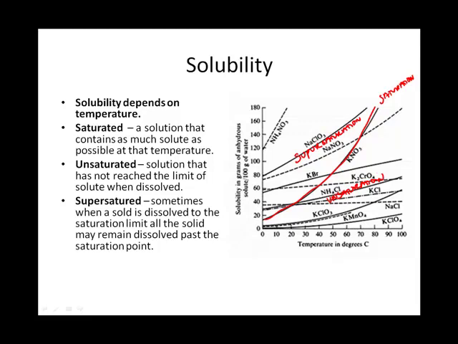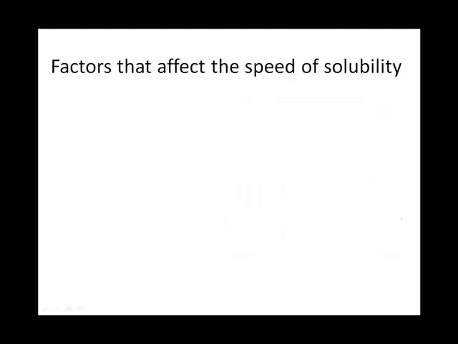As we can see here, in general, here's our solubility, the amount of grams in solution in terms of our temperature. In general, as we increase temperature, so does the point of saturation.